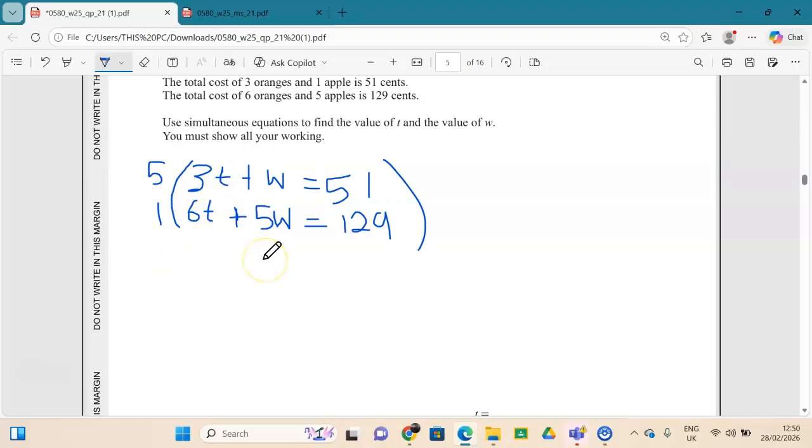If we multiply, what are we going to have? Let's see. 5 times 3 will give us 15t. And 5 times w will give us 5w.